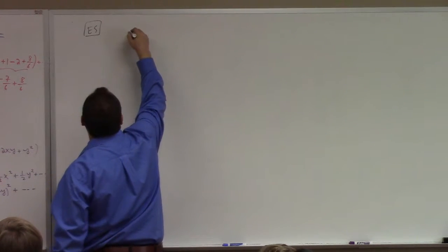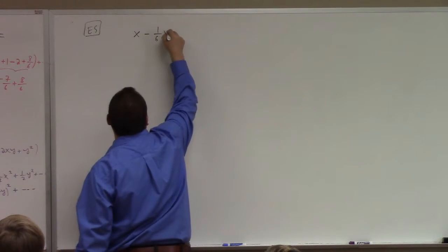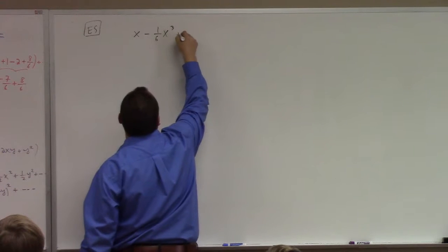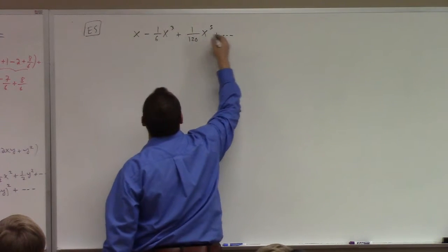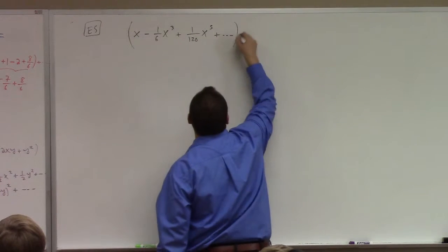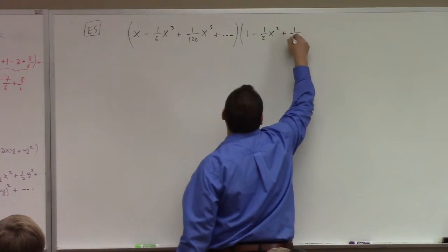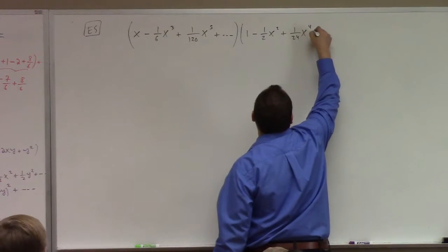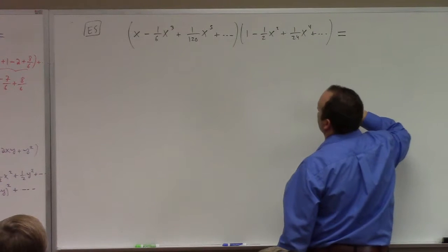How about this? x minus 1/6 x cubed plus 1 over 120 x to the 5th plus, now you're probably on to me, so you probably know what I'm going to do. 1 minus 1/2 x squared plus 1 over 24 x to the 4th plus and so on. Let's multiply these. What do we get?